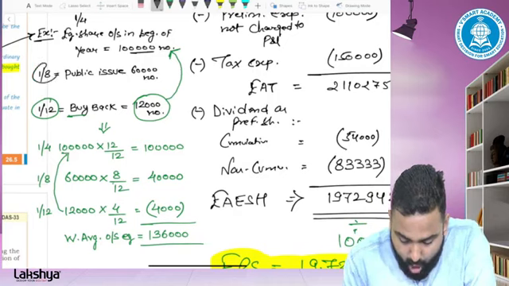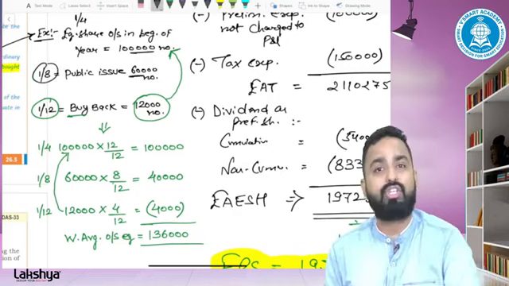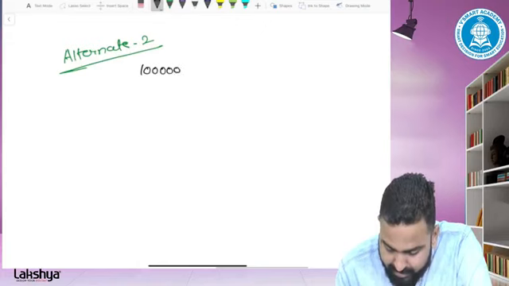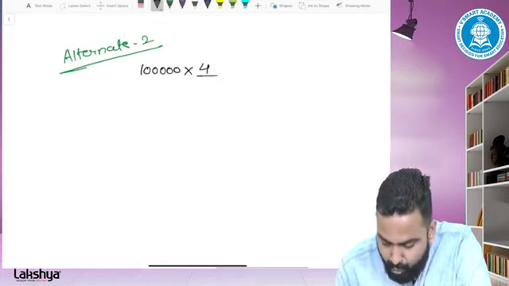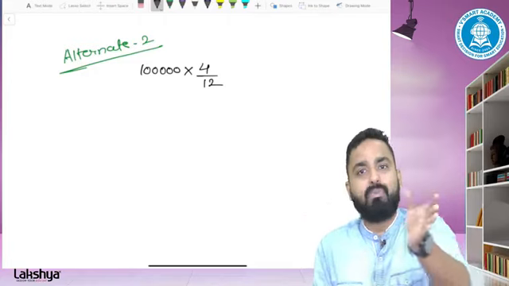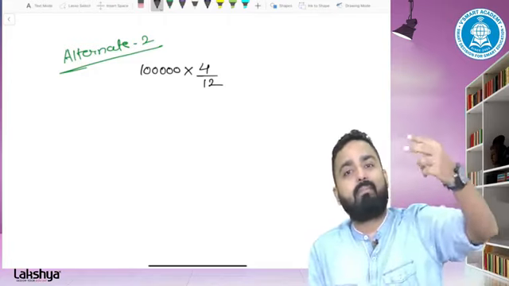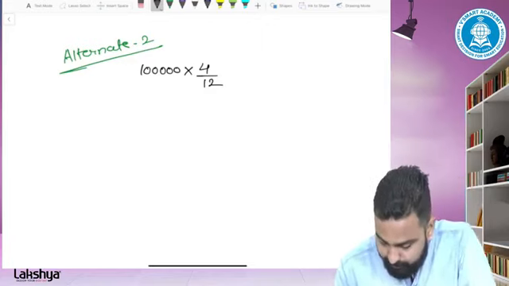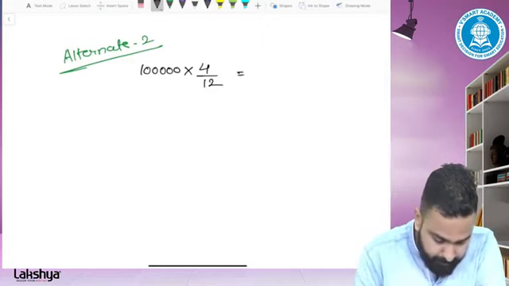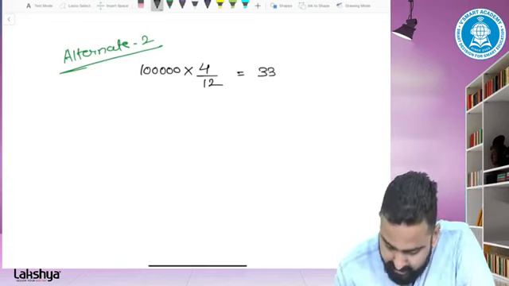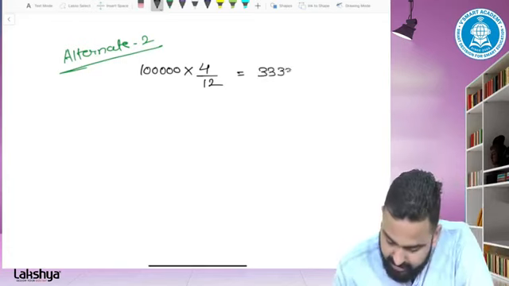And in the month of August, we issued new shares. So basically, cumulatively, 1 lakh shares were outstanding for 4 months, April, May, June, July. So this will be 33,333.